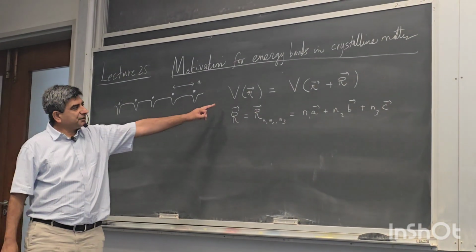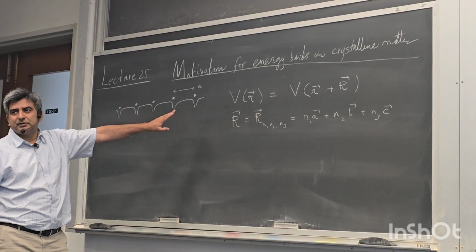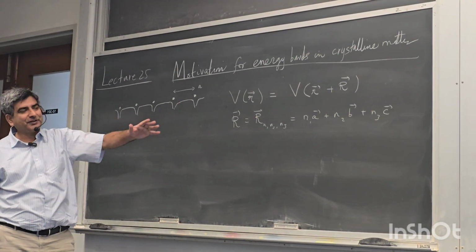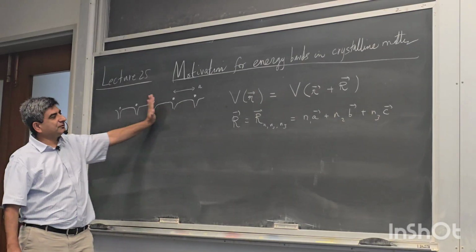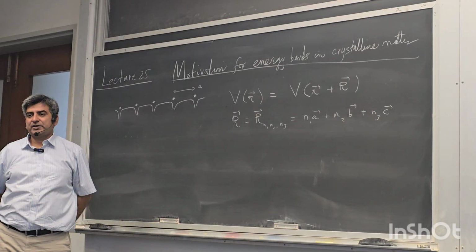So this potential has to be periodic, and this exists even at 0 Kelvin. So the electron wave that is supposedly or purportedly passing through this crystal is seeing a periodic potential.